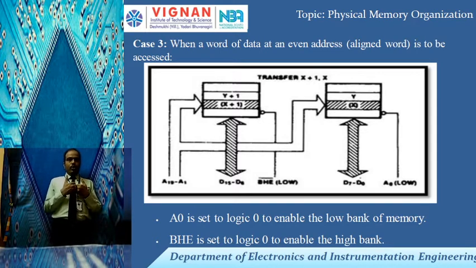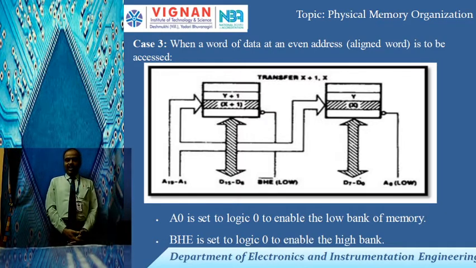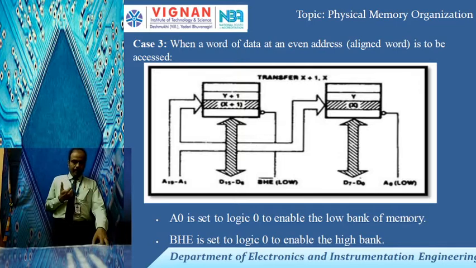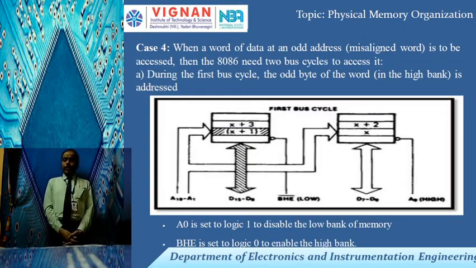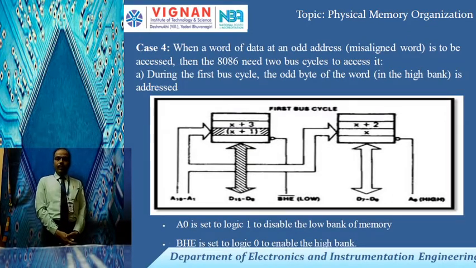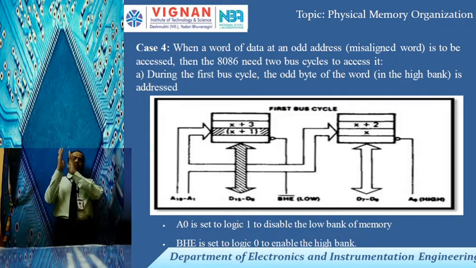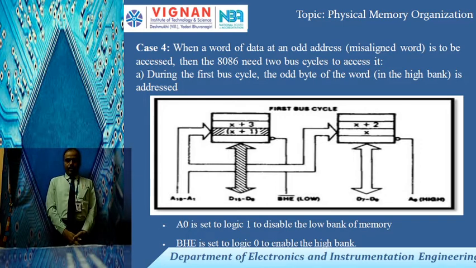So A0 should be equal to 0, BHE bar equal to 0, and by using A1 to A19, the 2 addresses can be located, and through D0 to D7 the lower byte and D8 to D15 the higher byte can be accessed. Whereas in order to access a word with the lower byte stored at an odd address and the higher byte stored at an even address, it requires 2 bus cycles.